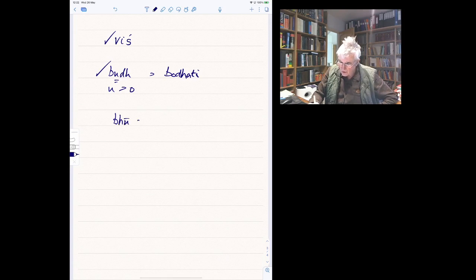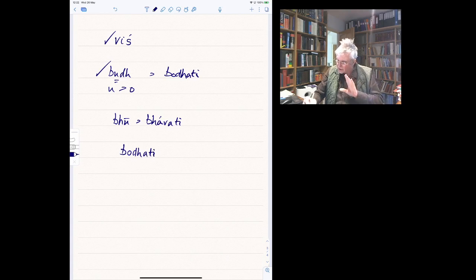So bhu, bhavati. We normally don't bother with stress. Now, it was important in Vedic times. It's much less important in classical Sanskrit and in Pali, but it does explain things that otherwise would not be explicable. So where you get a syllable that is stressed, it often tends, not always, to strengthen the vowel, from u to o. So bodhati, because it is stressed.